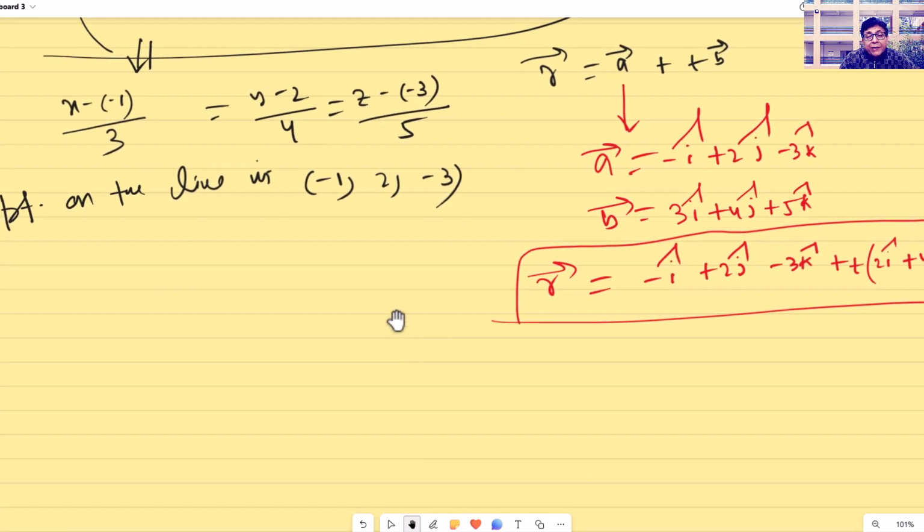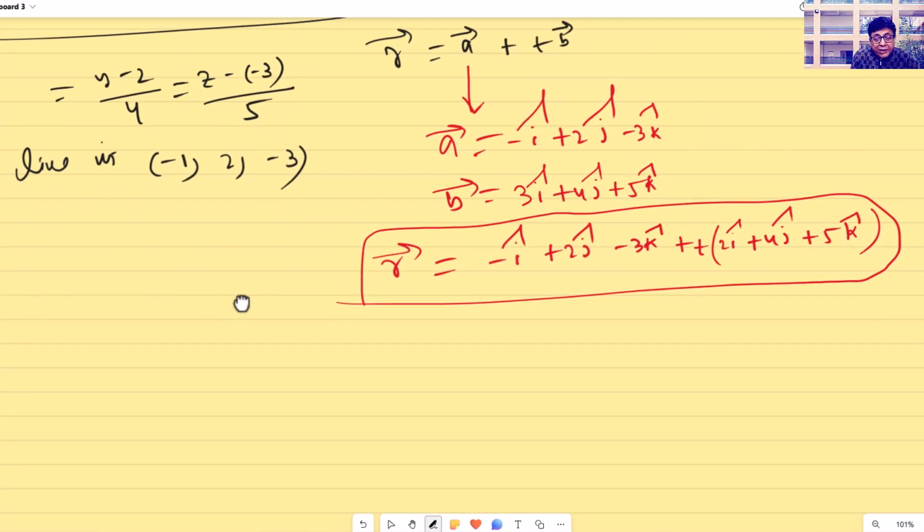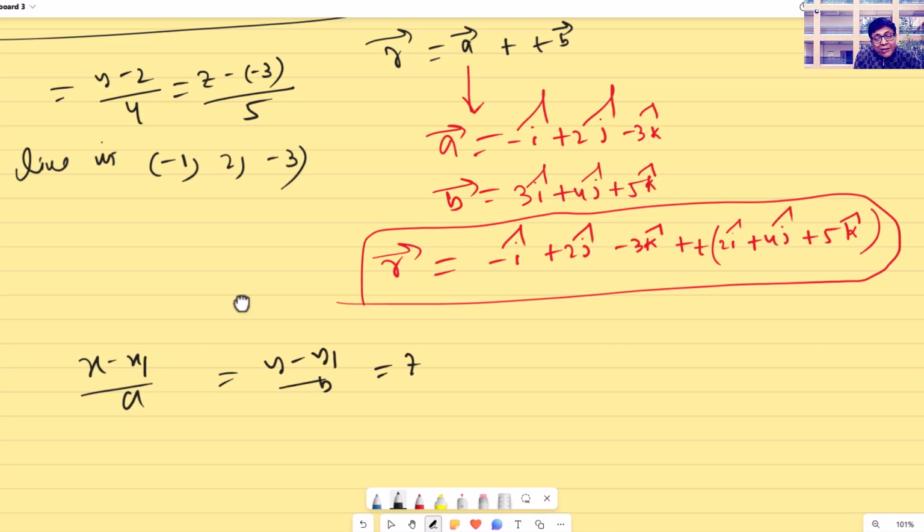Suppose you are given a line in terms of symbols. That line is given, say, (x minus x1) by a, (y minus y1) by b, (z minus z1) by c. Just by seeing it, we can write the vector form.